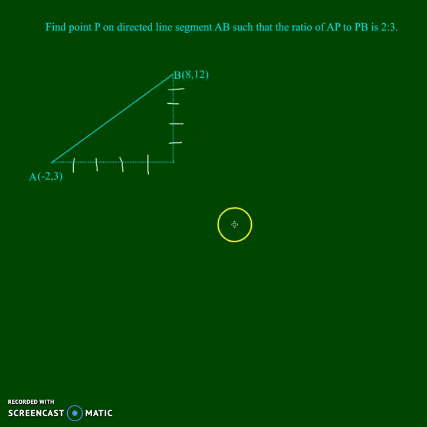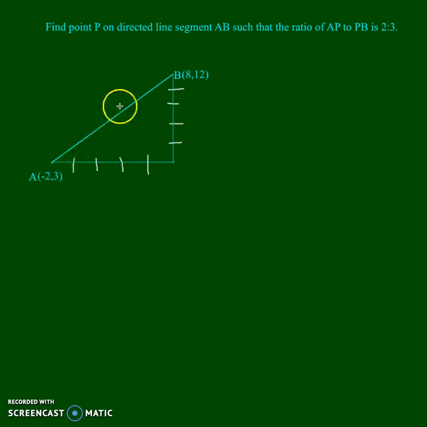Okay, close enough. Now, our point P is going to exist somewhere on this segment where the partition of this and the partition of this intersect. So we need 2 of 5 pieces. So we're going to use this number in this case. So let's go ahead and find out where that would be.